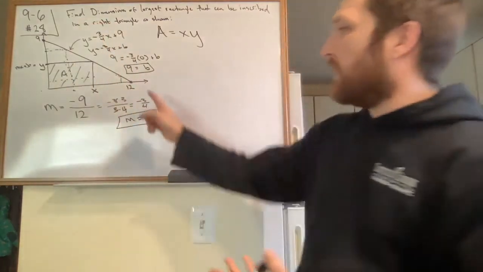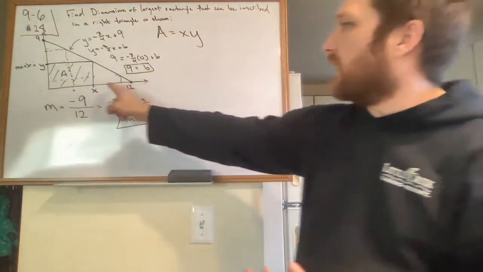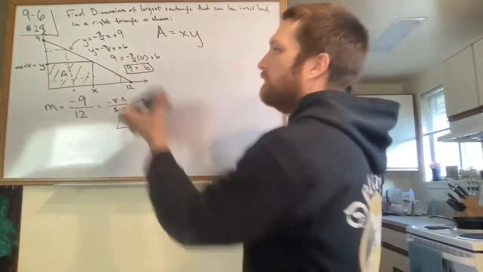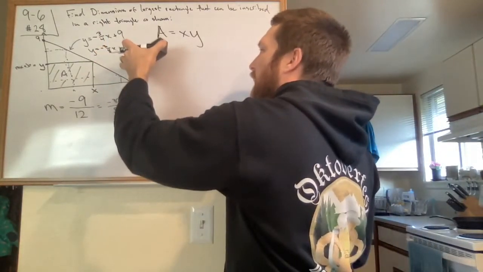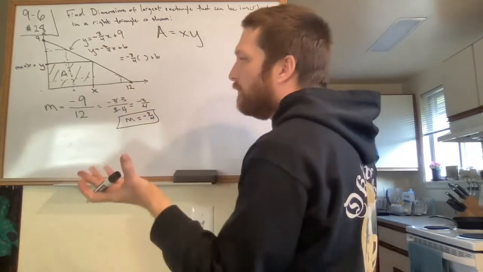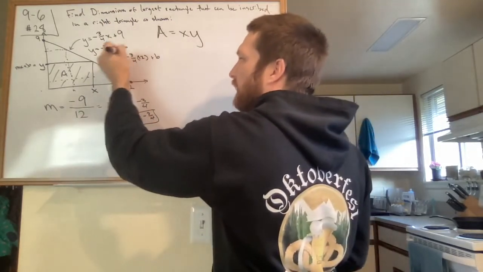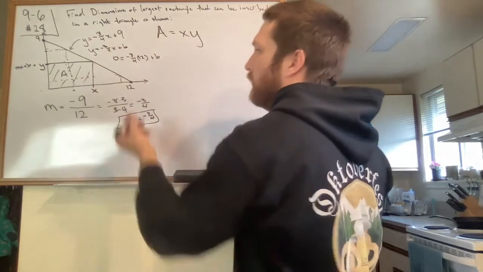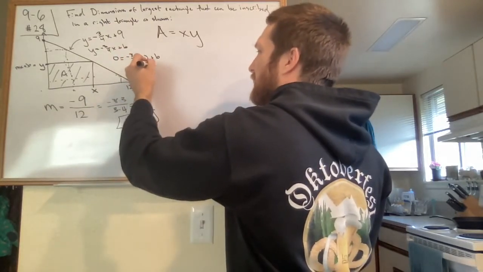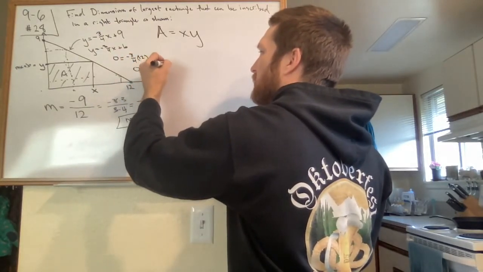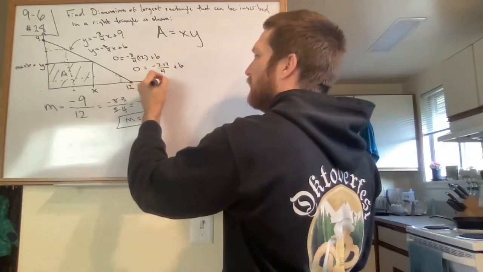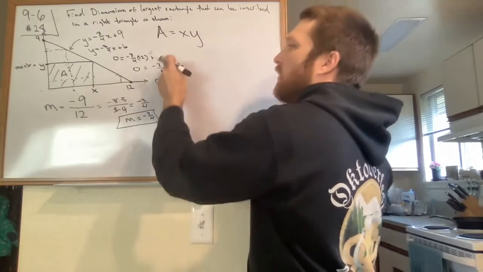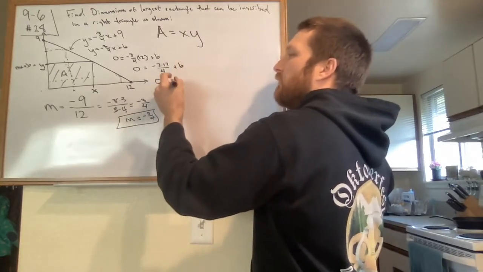We also could have done this by plugging in a 12 and getting out a 0. Just want to show you what I mean by that. We're trying to find b. We could have plugged in a 12 and got out a 0, in which case we have 0 equals negative 3 times 12 over 4 plus b. 12 divided by 4 is 3.